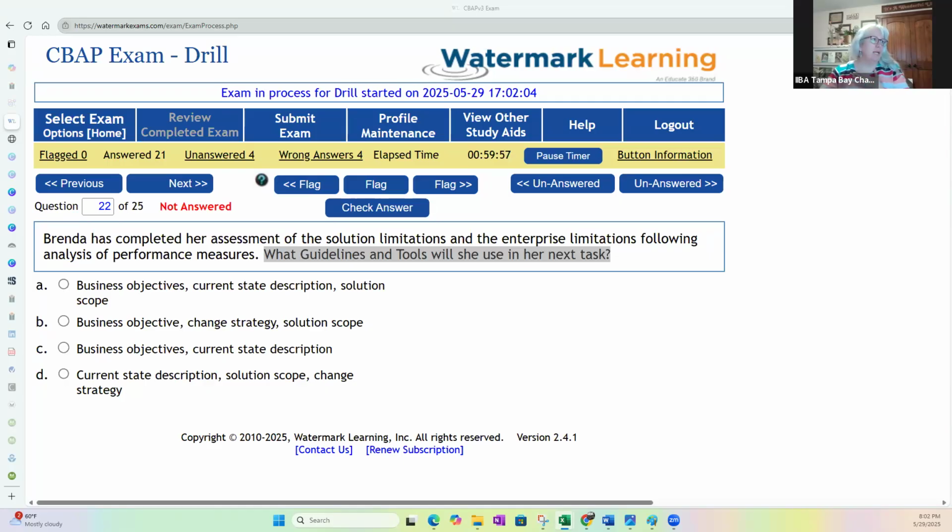The purpose of that task is to understand the factors that create differences between potential value and actual value, and to recommend a course of action to align them. So guidelines and tools: business objectives, current state description, solution scope, and change strategy.